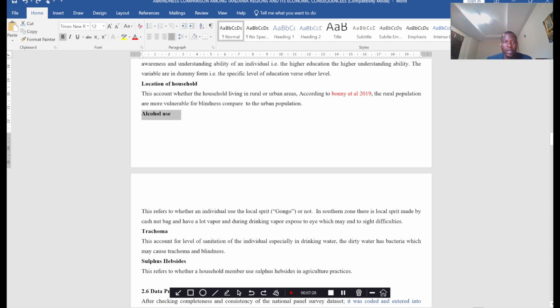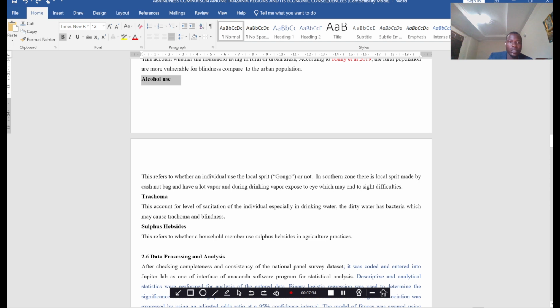The second factor which may lead to someone to be blind is trachoma. Here on trachoma, we will look specifically at which variable can be used as a proxy to capture the issue of trachoma.